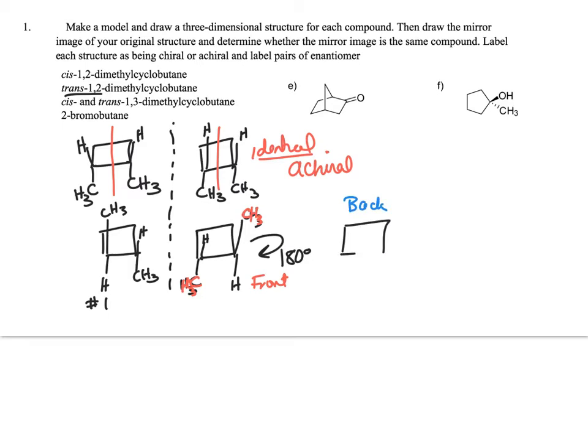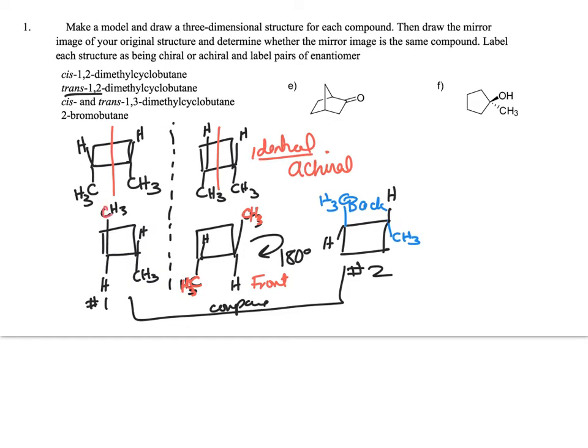So then when you redraw this, you'll see that the methyl going down is down, and this methyl going up is up. So now those are in back. And then what you do is you superimpose, this is called number 2, you compare these two, and you ask if they're superimposable.